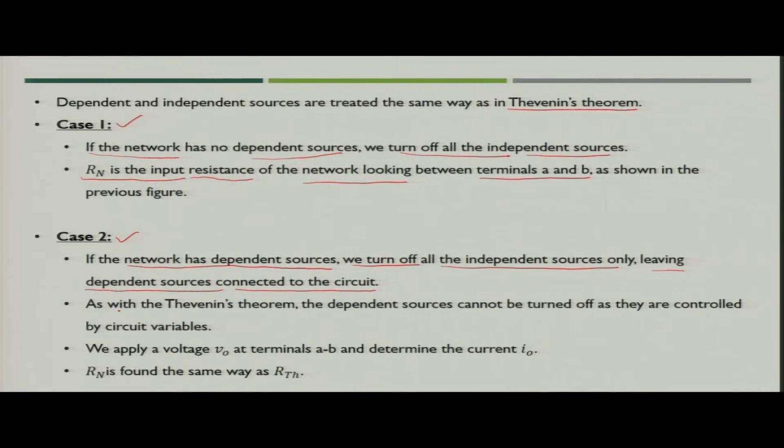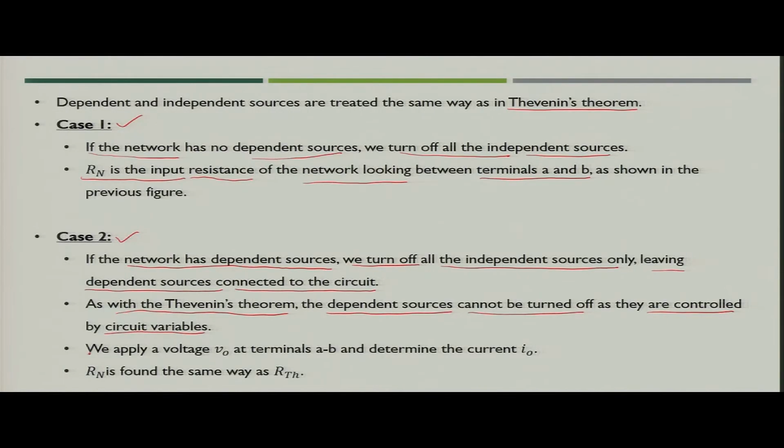As we saw with Thevenin's theorem, in this theorem also the dependent sources cannot be turned off because they are controlled by the circuit variables. So, we will keep the dependent sources in the network and solve the circuit to find the value of I N, that is Norton's current, and R N, that is Norton's resistance.